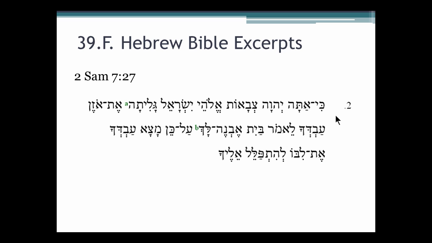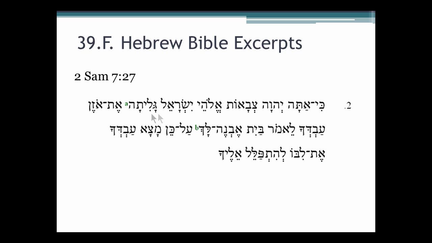Number 2, ki ata, for you, Adonai Tsevaot Elohei Yisrael, for you, O Lord of hosts, God of Israel, galita. Now, Futato has a note here. This is actually your ta, your second masculine singular perfect ending. Sometimes a he will be appended to that ta, just to mark the vowel.